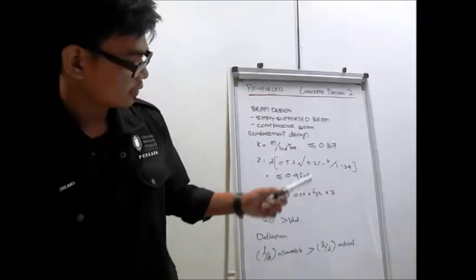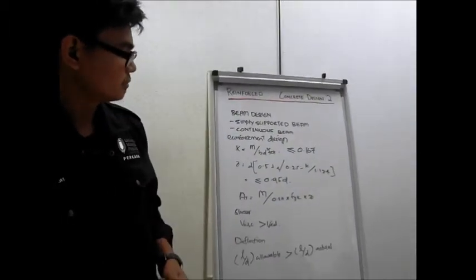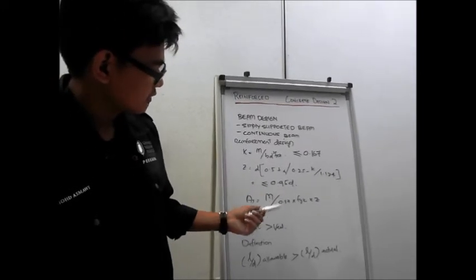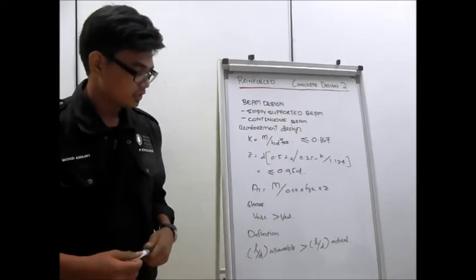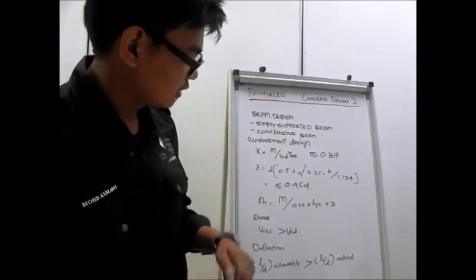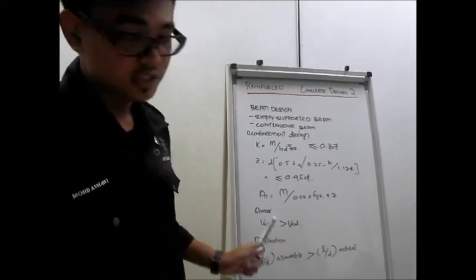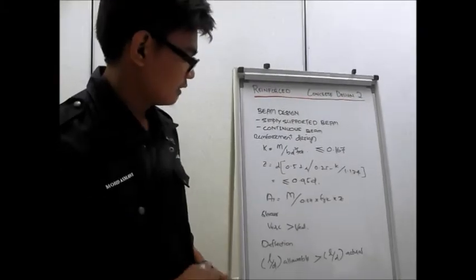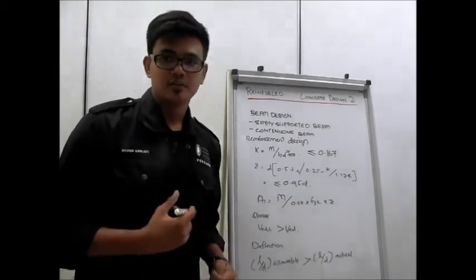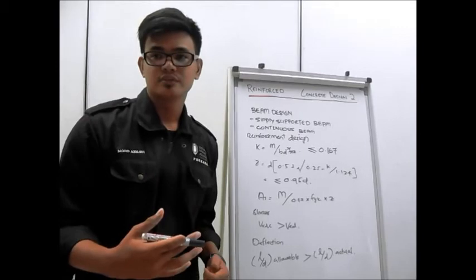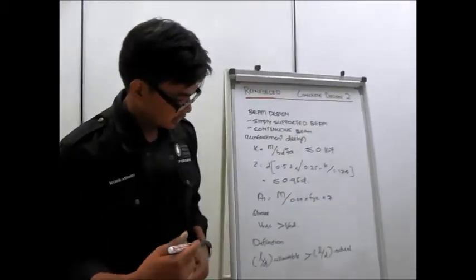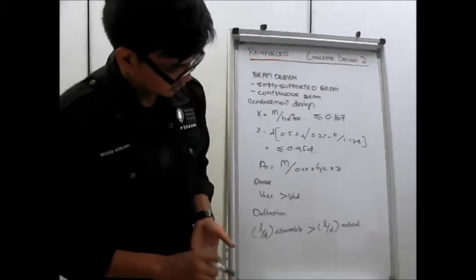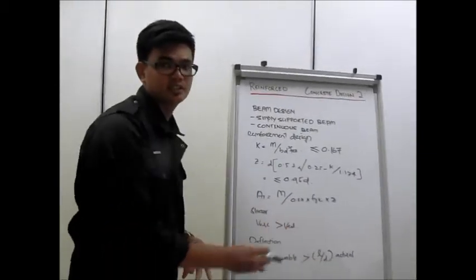After we finish with the reinforcement design, we need to calculate for the shear. For the shear, we need to calculate the VRDC, because we need to compare with the VED from the frame analysis. We need to decide that VRDC must be bigger than VED.